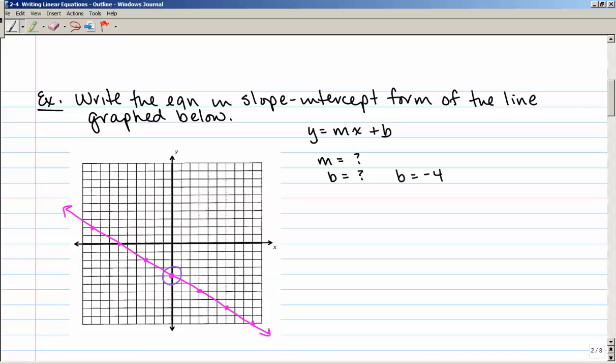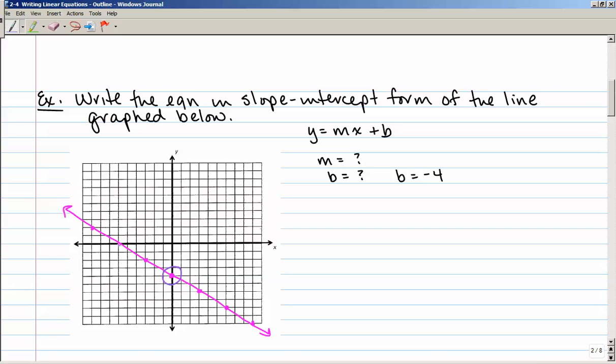Now, to find the slope, I'm going to figure out what I have to do in terms of moving up and down, and then right or left, to get from one point on the line to the other. I'm going to start with this one right here that crosses the x-axis, and I'm going to move to this point down here in the third quadrant. So first, what I need is my change in y, and that's my up-down direction.